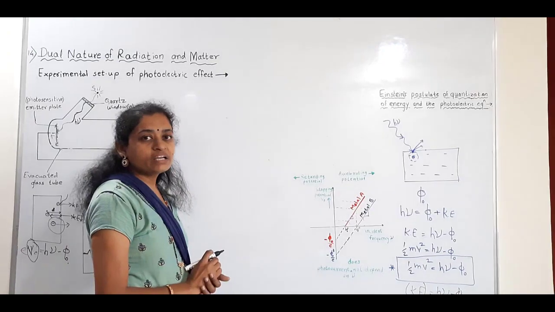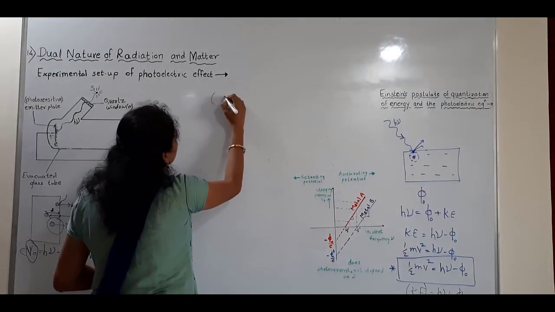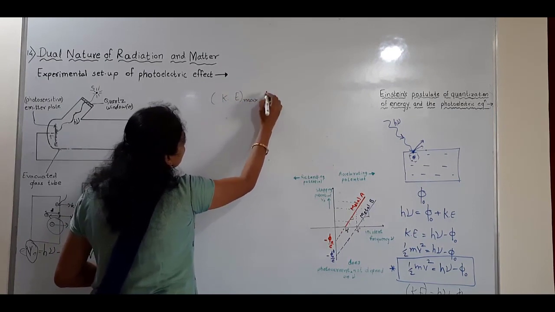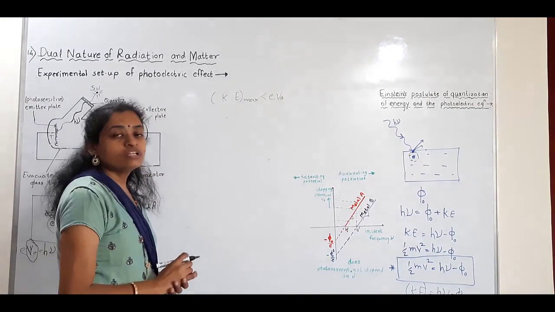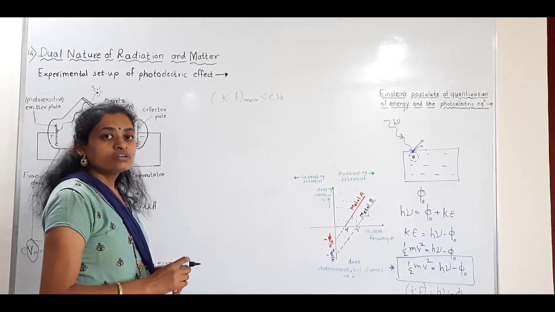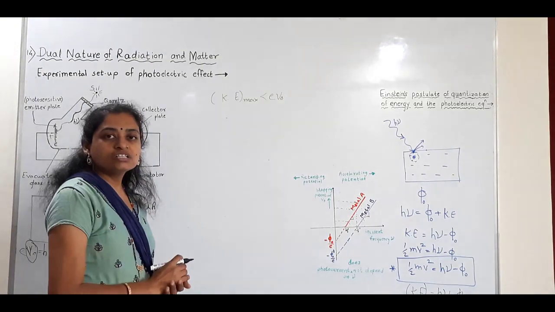When the maximum kinetic energy of an electron is less than eV0, at that time there is no photoelectric current, meaning electrons do not have enough energy to reach the collector.